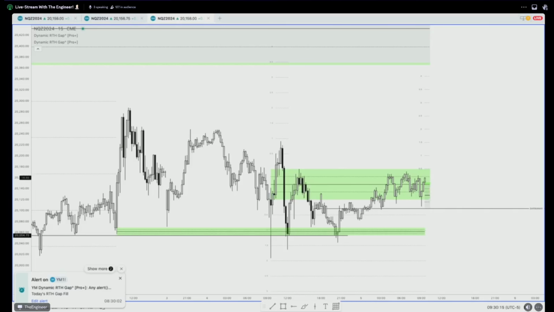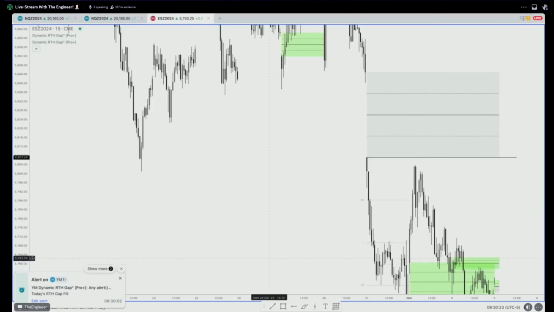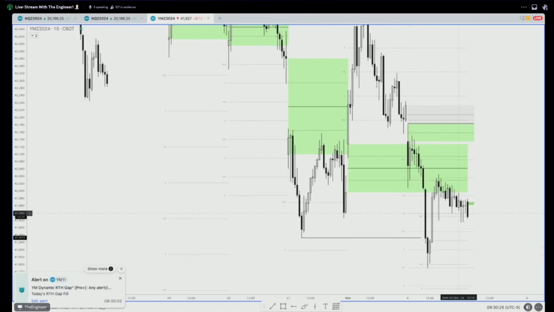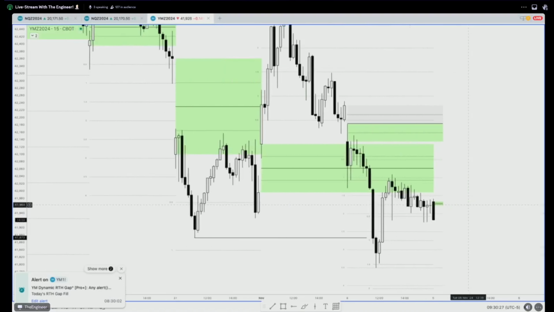It's a good suggestion. For example, now I have an alert that the RTH gap was filled on Dow. Look at the size of the gap right here. It was a really small gap. And now we are trading inside of this balanced price range.